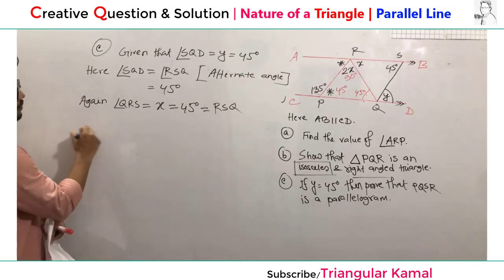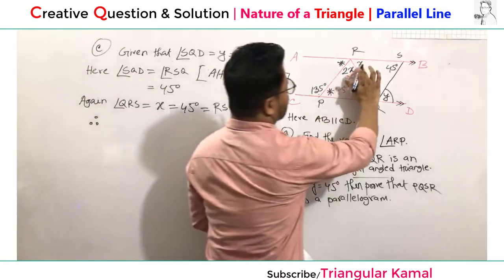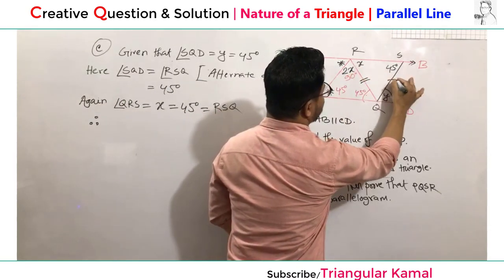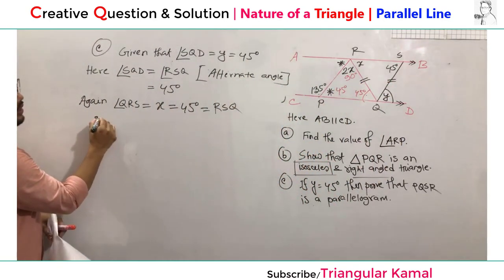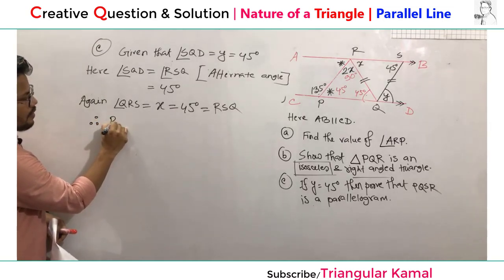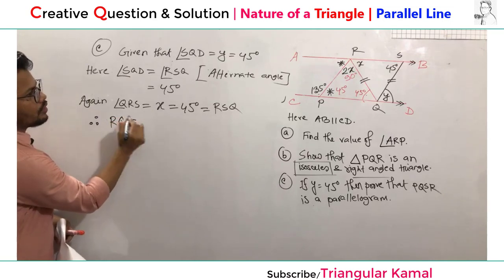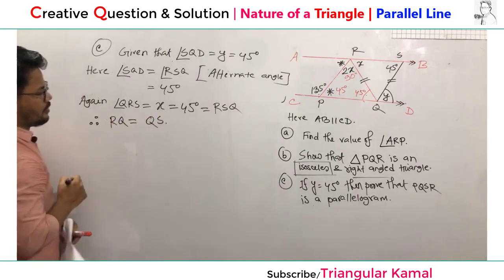So when two angles are the same, their sides will be the same. We can write here RQ equals QS.